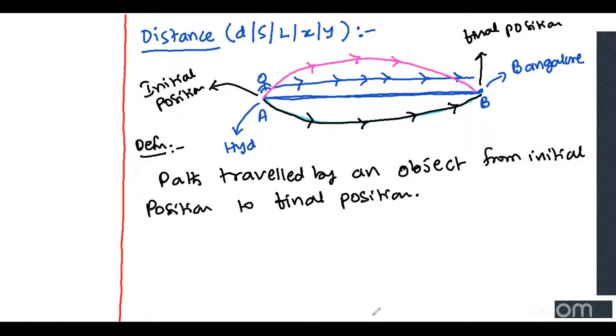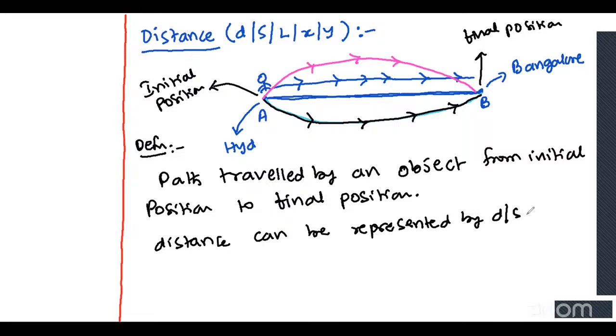So, distance can be represented, or denoted, by either the letter D, S, L, X or Y. Next, SI unit of distance.